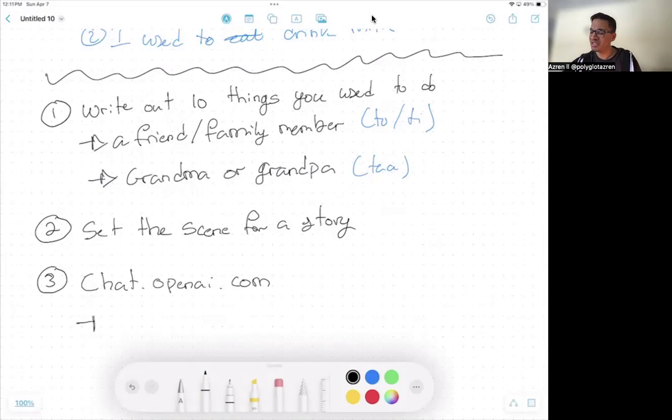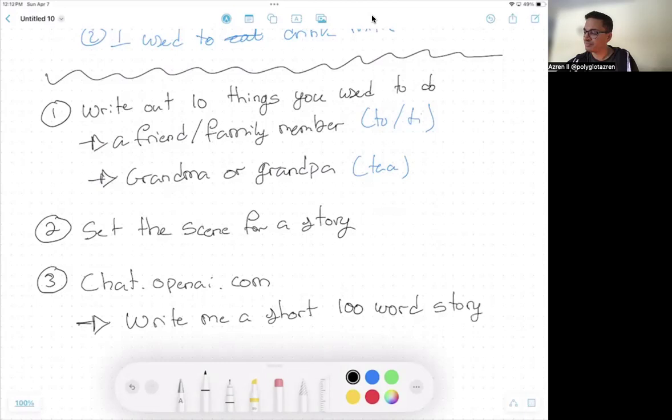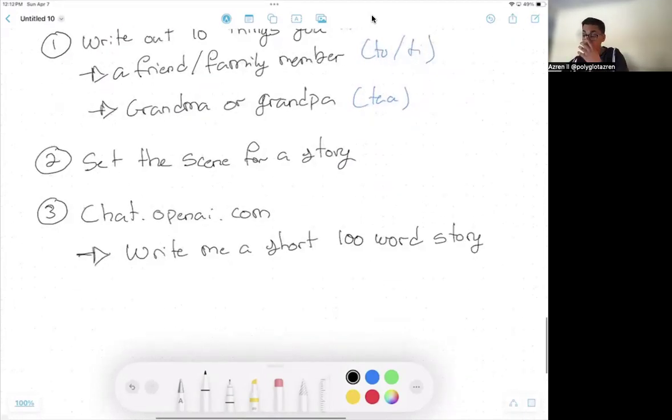This prompt, you might have to play with the prompts a little bit on this one, but you want to ask it something to the effect of this, something like, write me a short, probably 100-word story. I think 100 words is probably good. For, now this is the part where I'm not sure what's going to be better. You have two options of what to try and which one's easier.